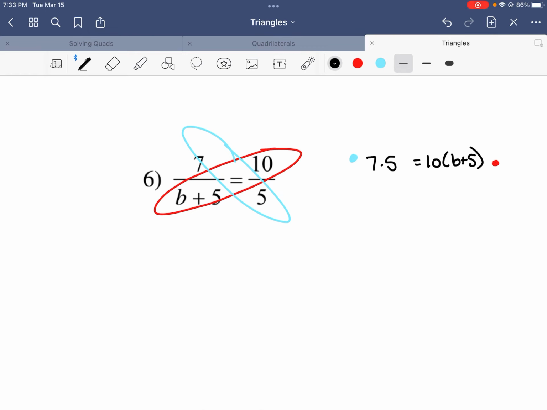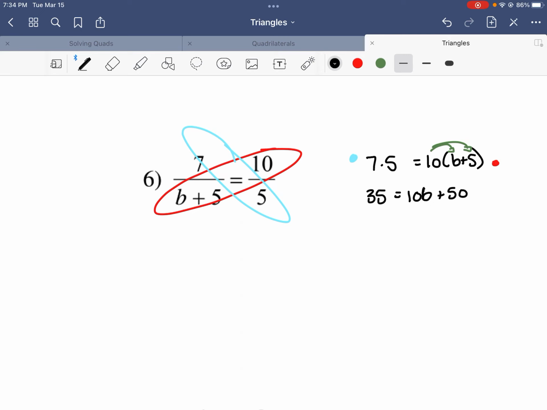Notice I'm putting it in parentheses because I'm going to multiply 10 by that whole thing at the bottom. So now we simplify. 7 times 5 is 35. And over here, I'm going to distribute. So I'm going to do 10 times b and 10 times 5. Everybody gets a 10. 10 times b is 10b because I don't know what b is. And 10 times 5 is 50.